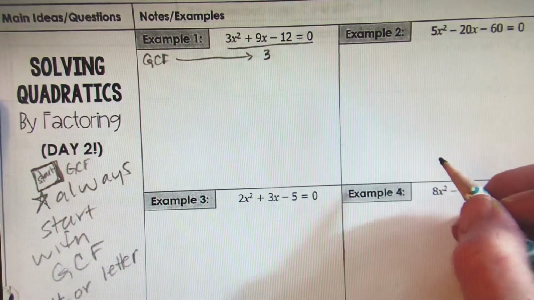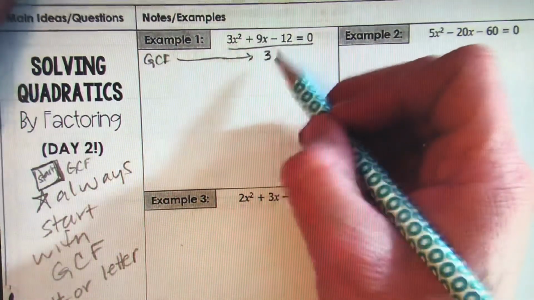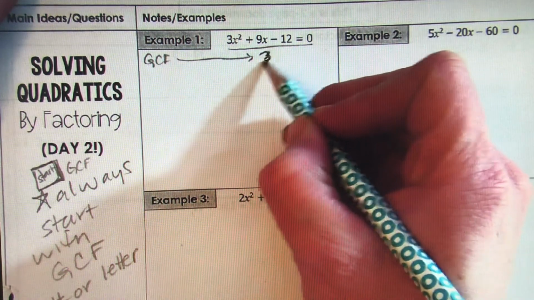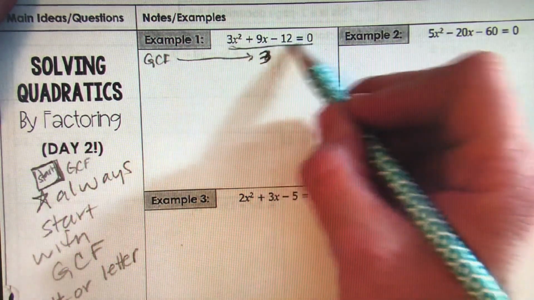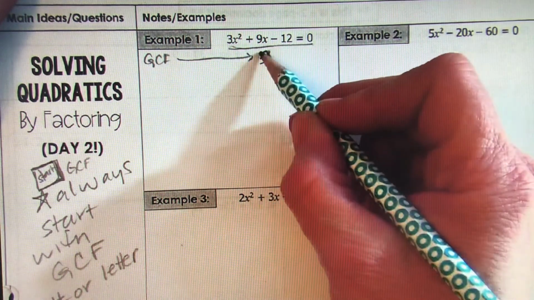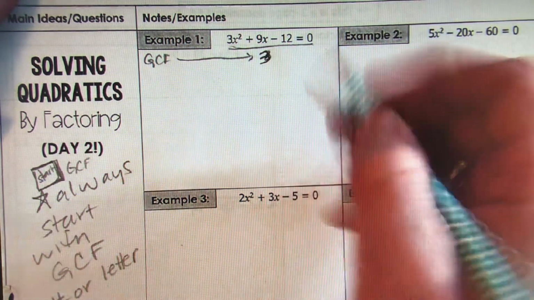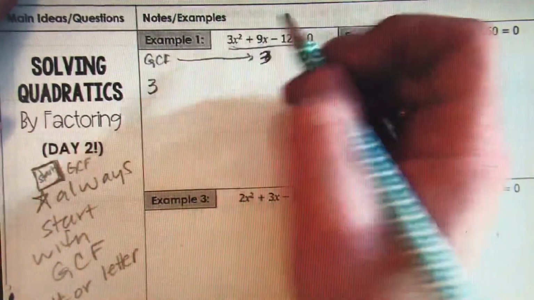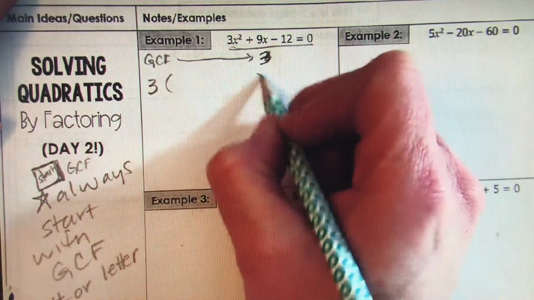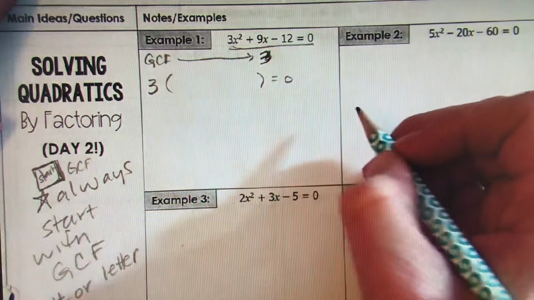Okay. So if I factor something out, it's very important because I saw this on your unit test. If I factor something out, I always draw a line and I divide it by that factor. And then I put that factor outside. Write all your steps out. Don't take any shortcuts.